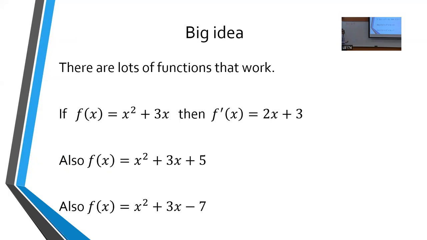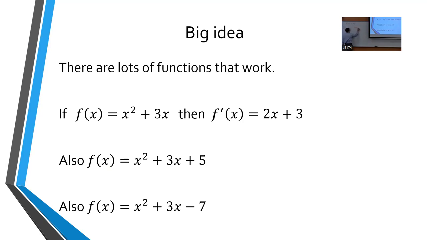Now, the big idea is that there's actually lots of functions that work. There's a whole class of functions that work. If we set f of x to be x squared plus 3x, then the derivative would be what we want.